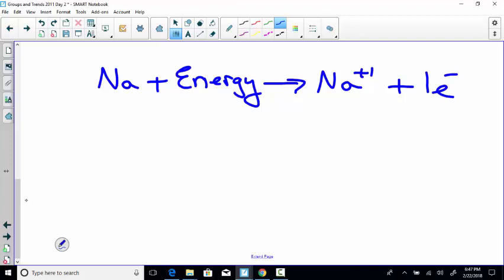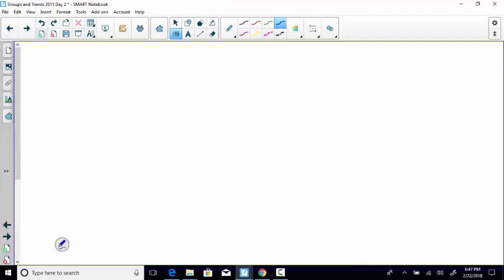Now, the next thing we're interested in is what the trend for ionization energies is in groups and periods. So now we're going to look at group trends.